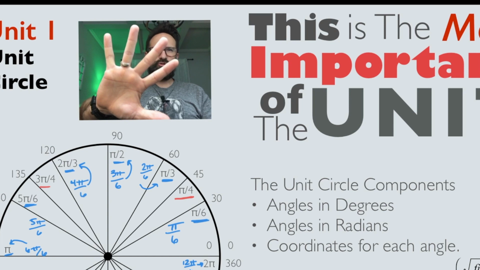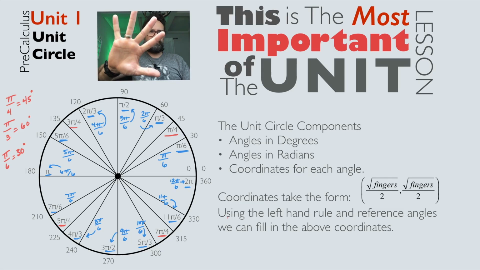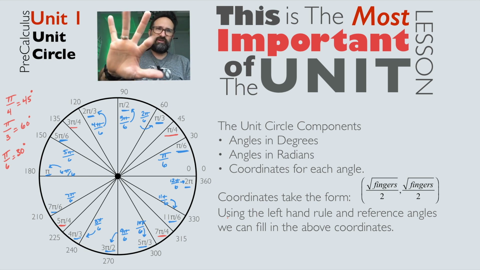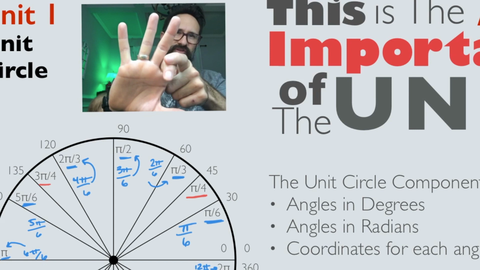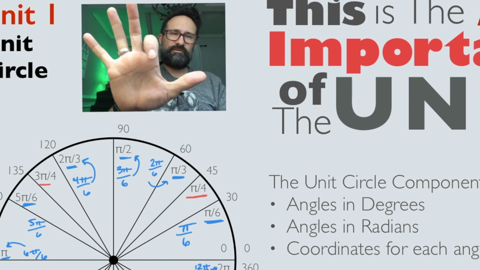And so the way that your coordinates work, if you look down over here where you have the square root of fingers over 2, what I need to know is those 2 fingers. What do you mean fingers? I'm going to put a finger down to represent the angle measure I want to find, right? So let's do 30 degrees. 0 is here, this is 30, so I'm going to put this finger down. And it separates it into the left and right pieces.